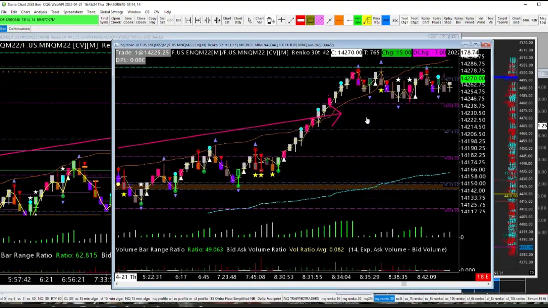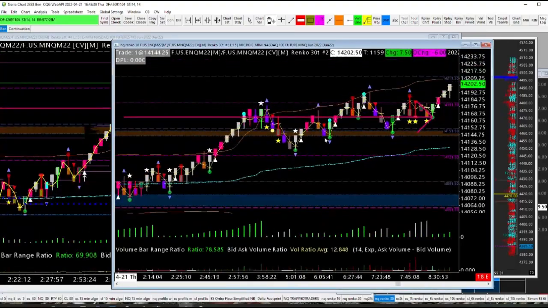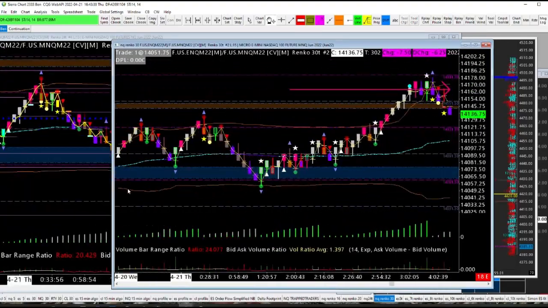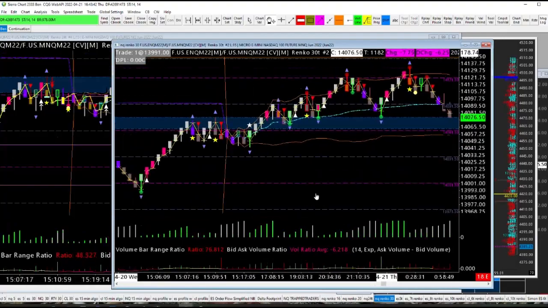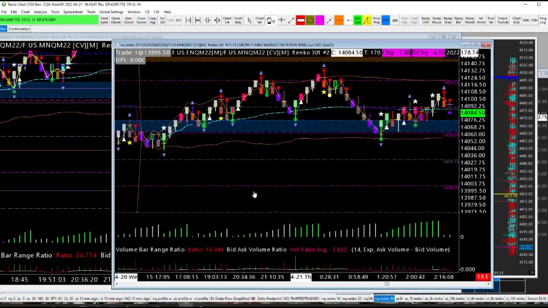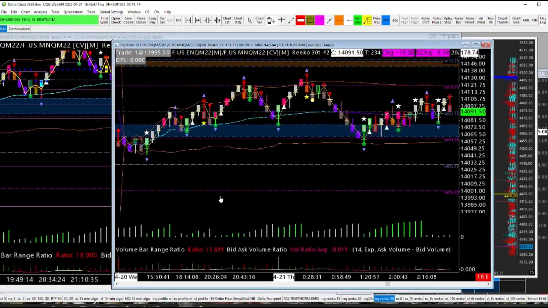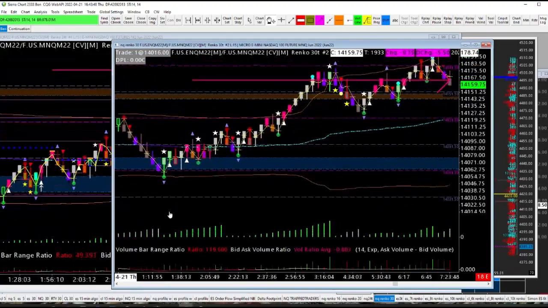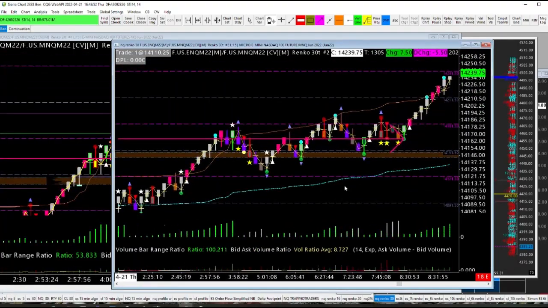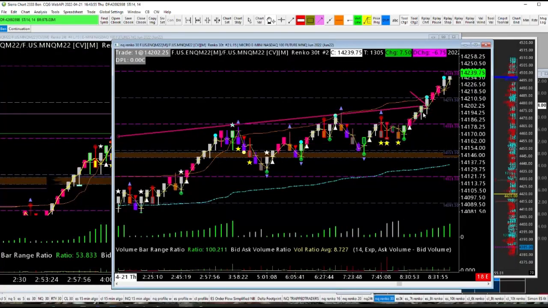So when we opened, actually we opened here. The gap itself started from down. Here's the close on Wednesday, and then sideways to higher, and we open here at 8:30 as we push higher, right?